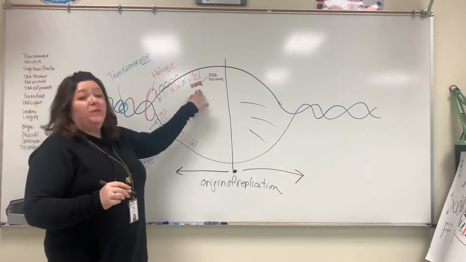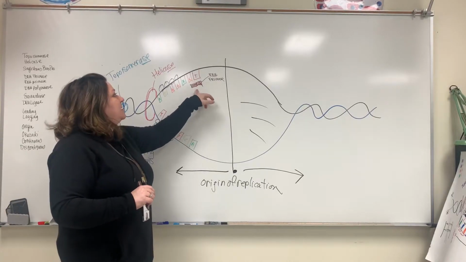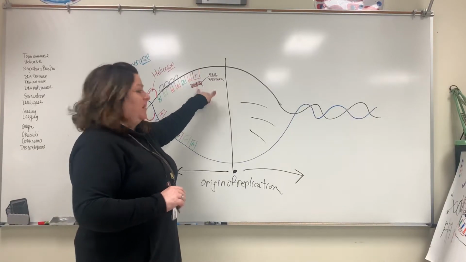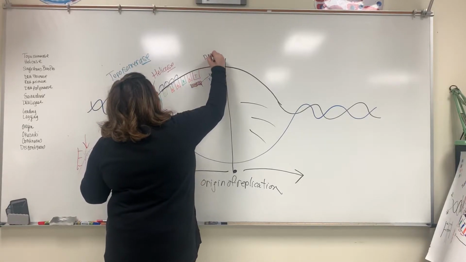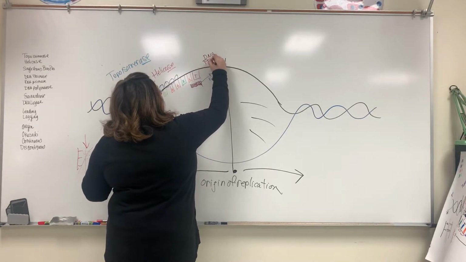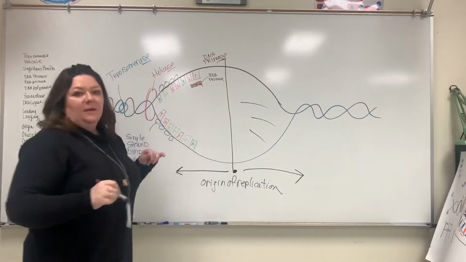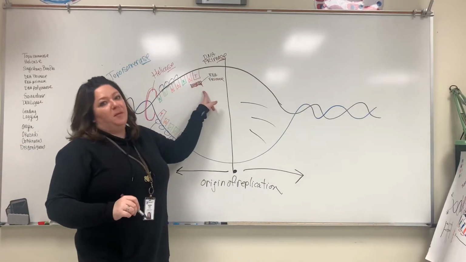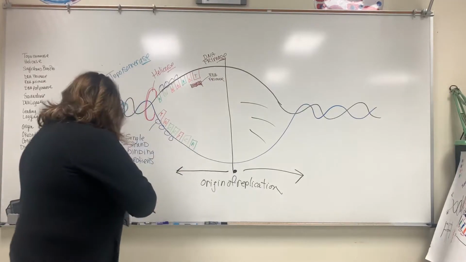It will be removed later, but it's just priming the pump, if you will. It's just getting it started. And this is put here by something called DNA primase. Okay, another enzyme is putting the primer here. So we have DNA primase adding a primer. Now the big guy can come.